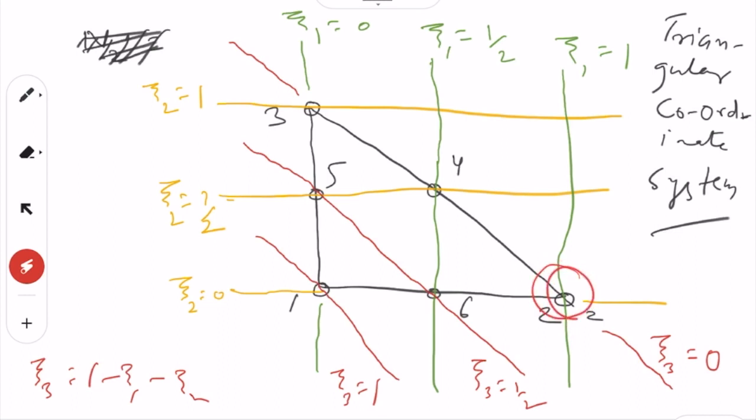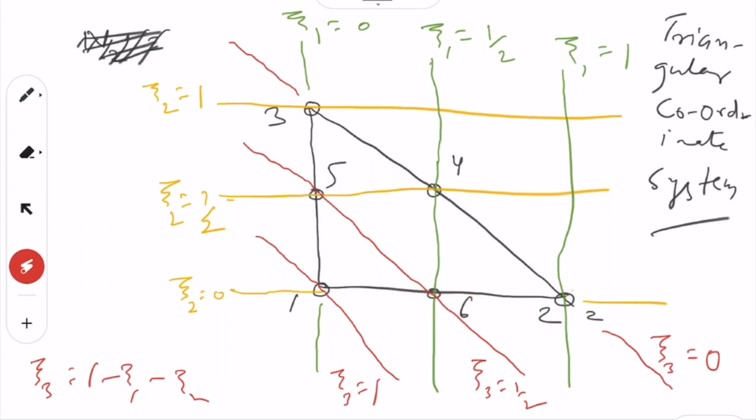So N2, we know that this line and this line are the ones, and this line is xi 1 equal to 0, this is xi 1 equal to half. So just write xi 1 multiplied by xi 1 minus half, and then at this it has to be 1, and all others have to be 0.